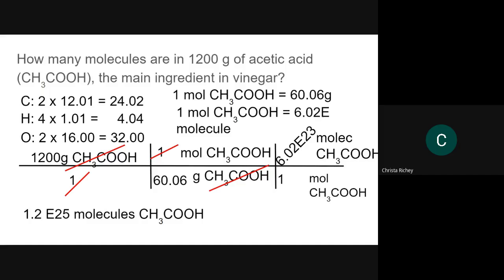But literally, all you do is you take the two one-step conversions and you smush them together. Because if I do it this way on the board, 1,200 grams to moles.